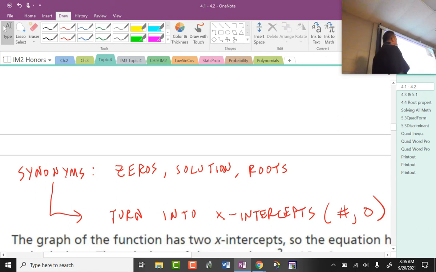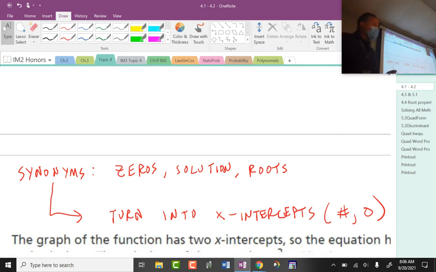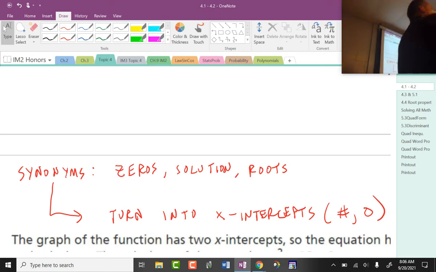Synonyms. Now we got some synonyms. We know about intercept form. So when we had it in factored form, we called that the x-intercepts. Well, really what they are called is zeros for the equation or solutions. We would understand solutions probably the best. They are the solutions. They make the equation true.